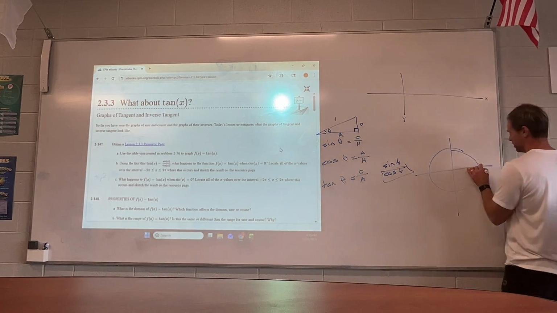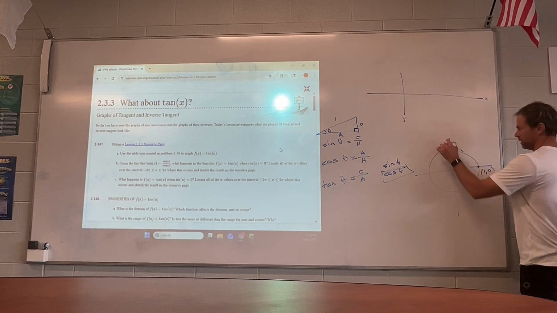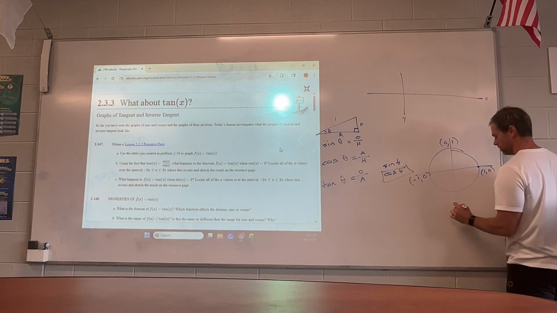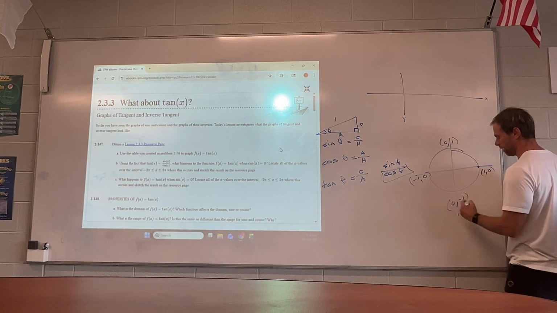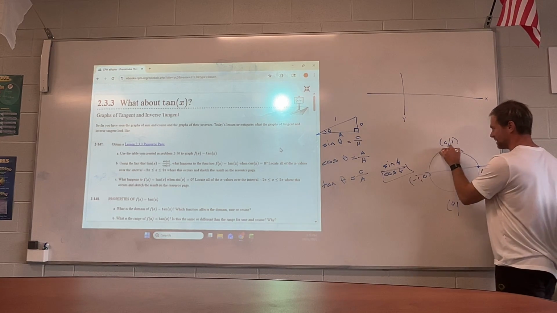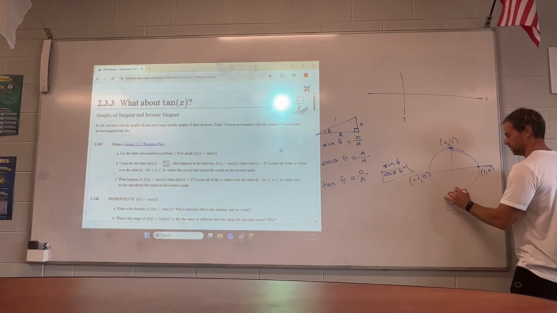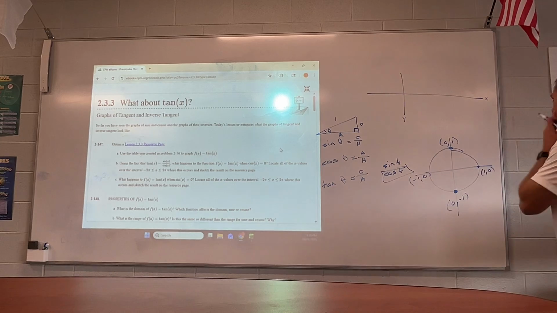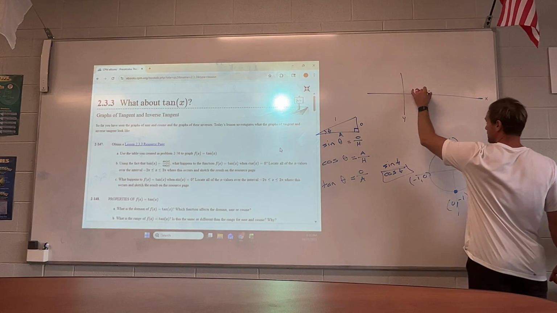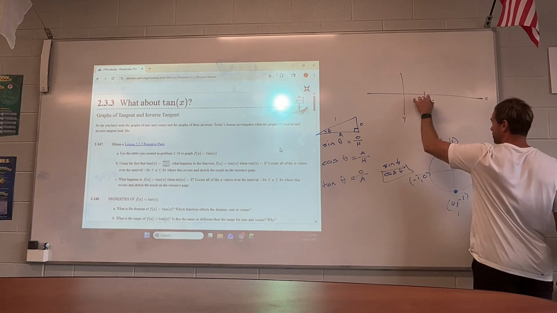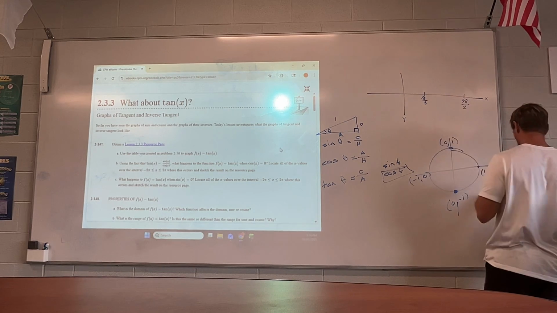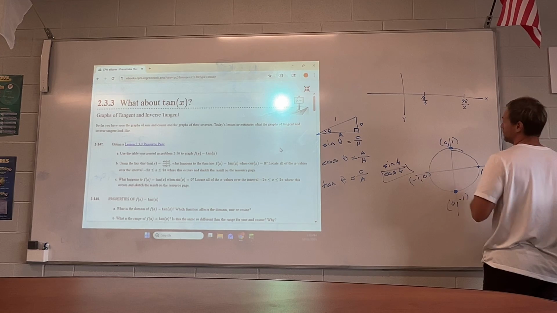Well, this is 1, 0, 0, 1, negative 1, 0, 0, negative 1. So where are our x values 0? At the top and bottom, or pi over 2 and 3 pi over 2. So when we're graphing this, we already know at pi over 2 and at 3 pi over 2, we're going to have vertical asymptotes.